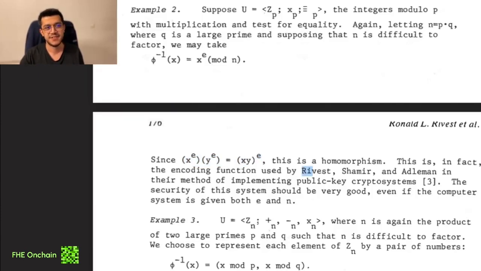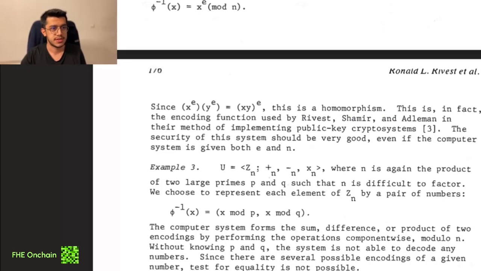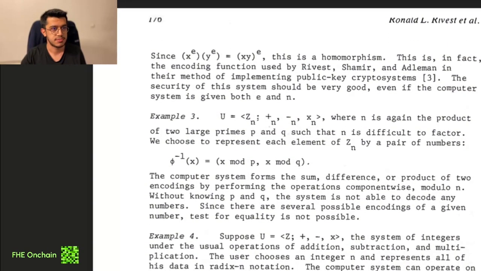Another example is going through like equality test, and this may look quite familiar here from RSA. Another example is simply having the user algebraic system like another prime group and having these operations and representing each prime field element or group element by a pair of numbers.